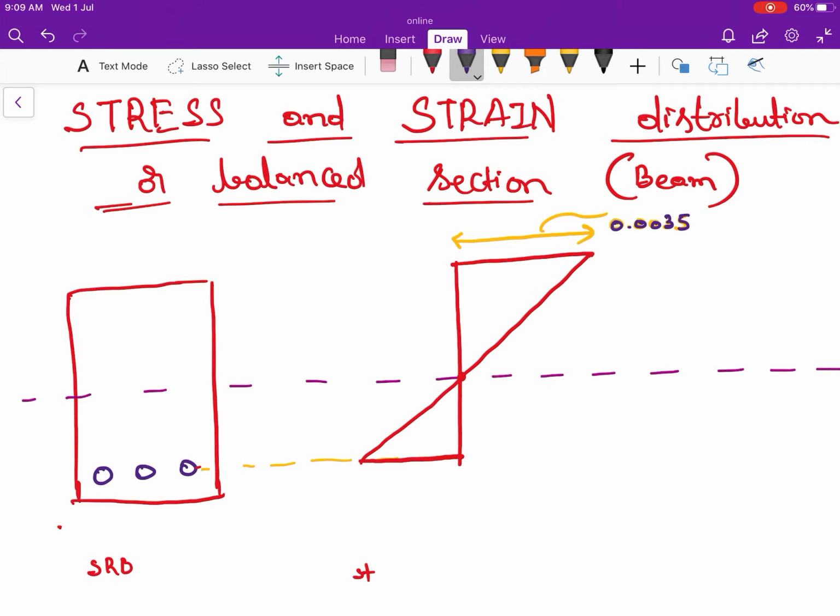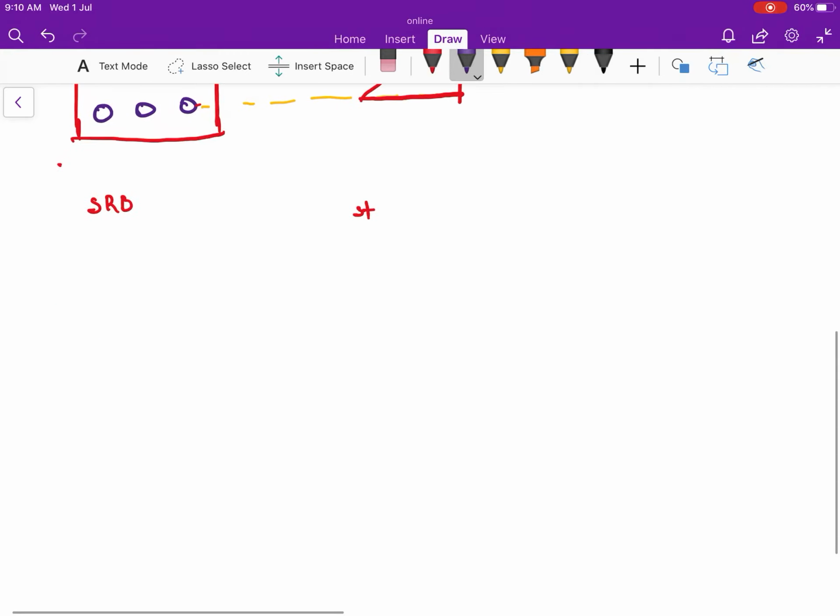Then at some point here, and this is very important, the value is 0.002. That is what we have already studied in the previous lecture series.